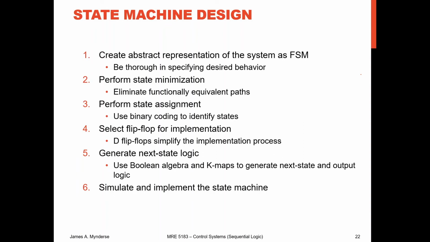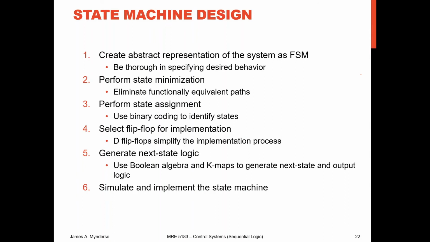You are going to then use that to create your finite state machine. When you have your finite state machine, you'll do some iteration through state minimization. The state assignment is the binary code. So this is where you get from taking your design and implementing it. You're going to assign the binary codes, and then that tells you how many flip-flops you need, and when you know how many flip-flops you need, then you can start writing out your next state logic.